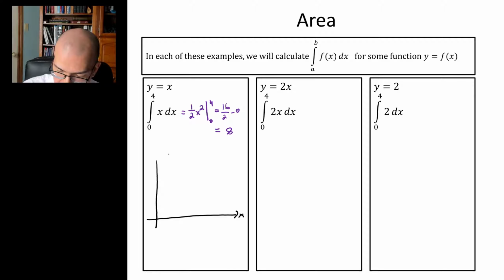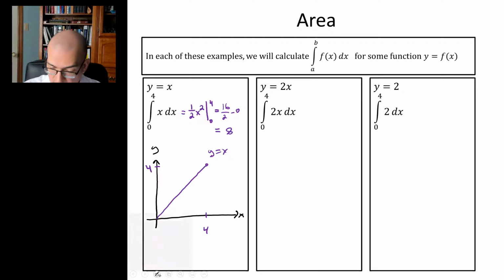We have our x-axis, we have our y-axis. We're going from 0 to 4 of a function y equals x. So y is equal to x. We're stopping at 4. If y is equal to x, then if x is 4, y is 4. We're looking for this area, because the claim is that the integral is the area under that curve.